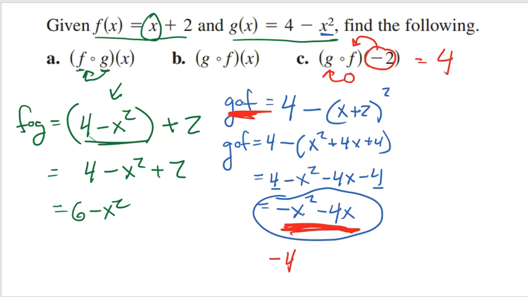Again, plug negative 2 in, you get negative 2 squared, which is 4. Then there's a negative out in front, so it's negative 4. Negative 4 times negative 2 is positive 8. Negative 4 plus 8 is positive 4. So either way, following it step by step, going into f first, then g, I still get an answer of 4. Or I could plug it into the new function I created, that is f composed of g.